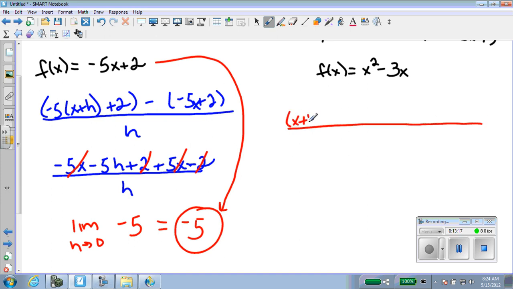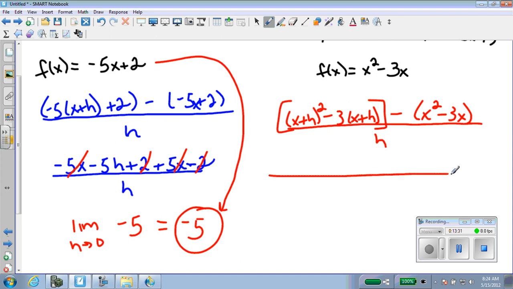x plus h squared minus 3 times x plus h, minus x squared minus 3x, all over h. x squared plus 2xh plus h squared minus 3x minus 3h minus x squared plus 3x all over h.